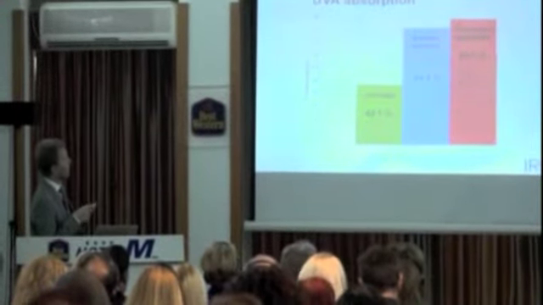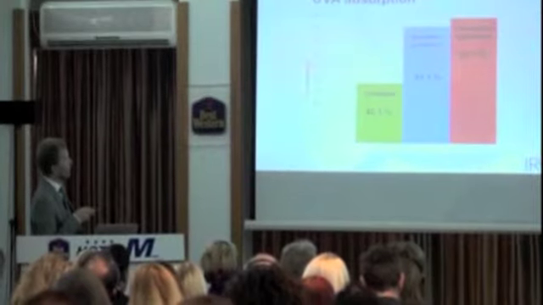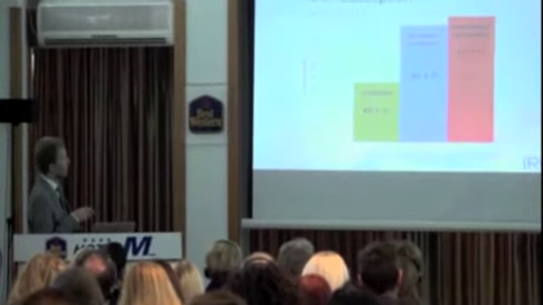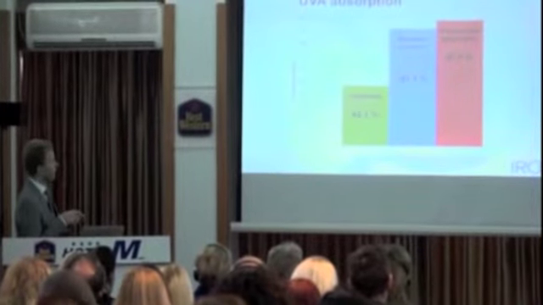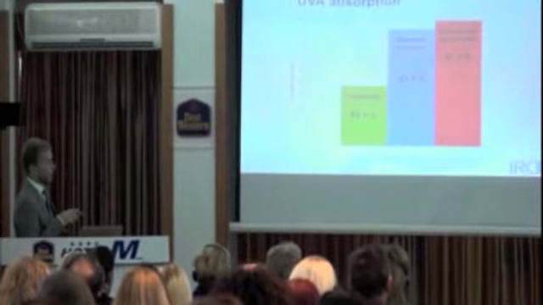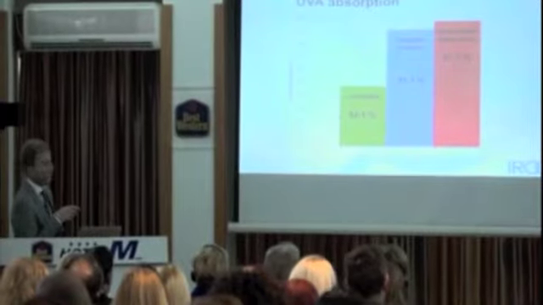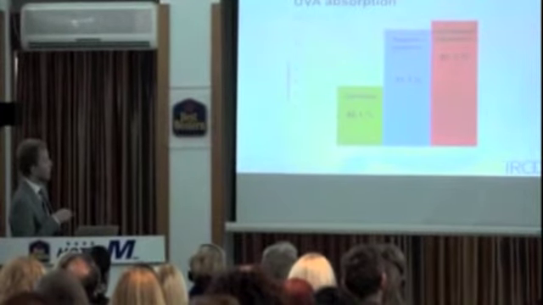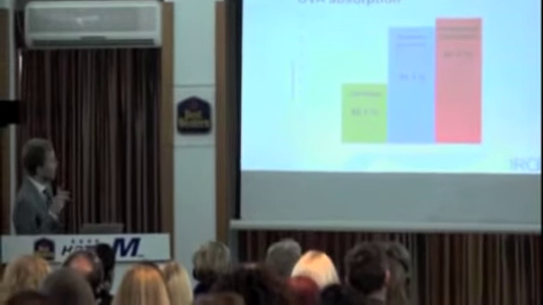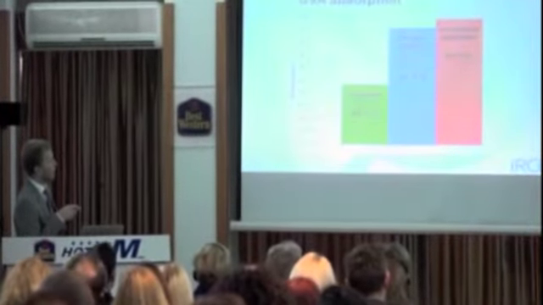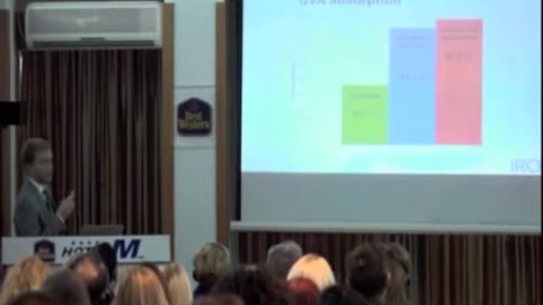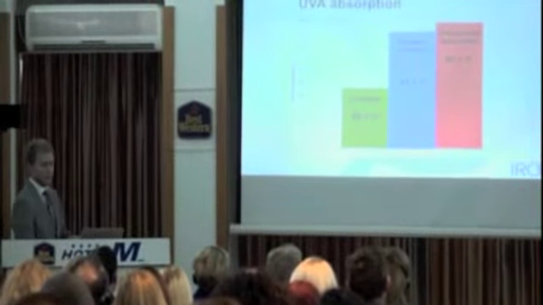If we now compare the UVA absorption, this gives us an absorption rate of about 42% in untreated corneas. The Dresden protocol has an absorption of about 91% of the UVA irradiation exposed to the cornea. And with the intrastromal application, we have about 98% absorption of the UVA radiation.